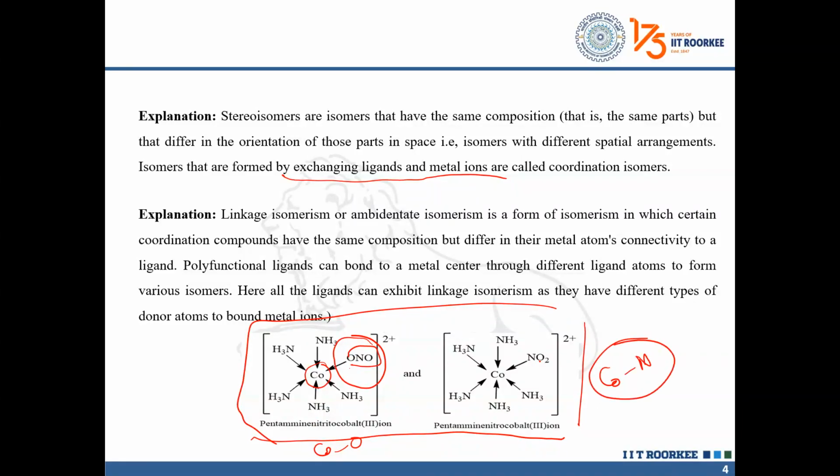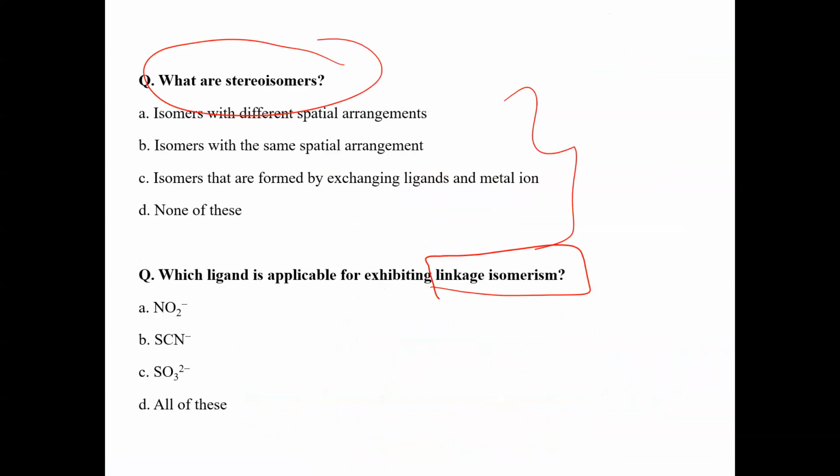So this ligand can make the coordination bond through nitrogen or oxygen, right? Among the options here, it can bind through nitrogen or oxygen, and thiocyanate can be isothiocyanate, right? It can bind through sulfur or through nitrogen.